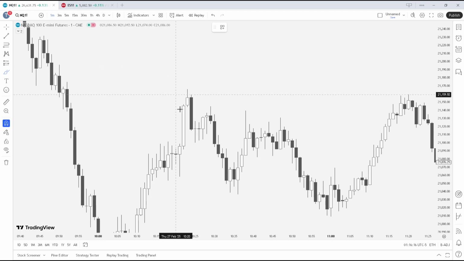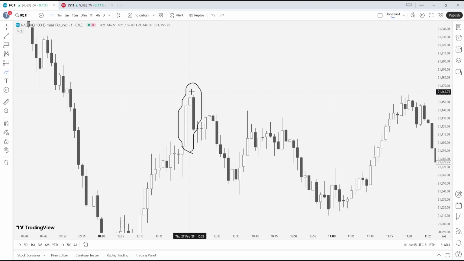Okay, so if we take a look at an actual example, let's say we have these 3 candles right here. You can see that this first candle has the high right here. The second candle's high is right here. And then the third candle's high is right here. So what that means is that this candle's high right here is a swing high.